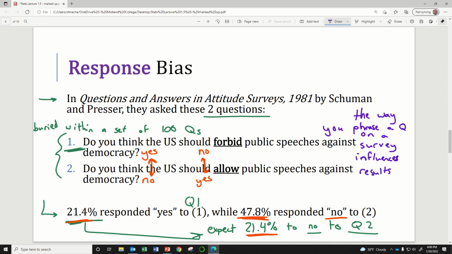And what this is sort of showing is that when you use the word allow, people are, well, heck, I don't even know what to conclude here, but you see that it's basically the same question but in changing the wording, we got a different response, right? Maybe the word forbid sounds too strong or something like this, and so people are less likely to respond yes to question number 1. Okay.